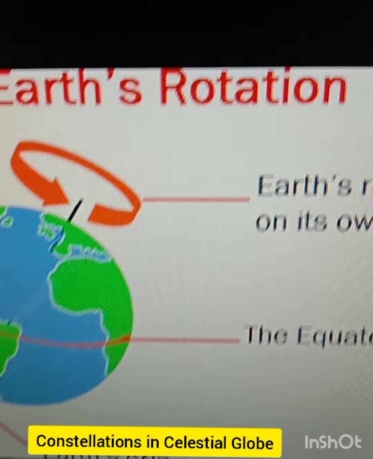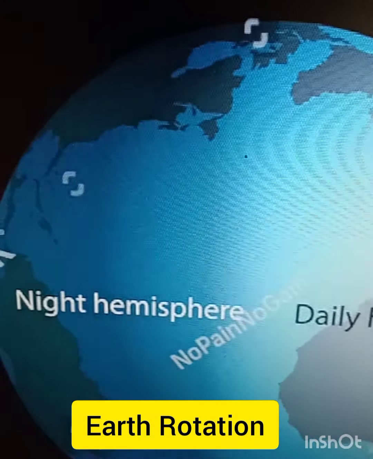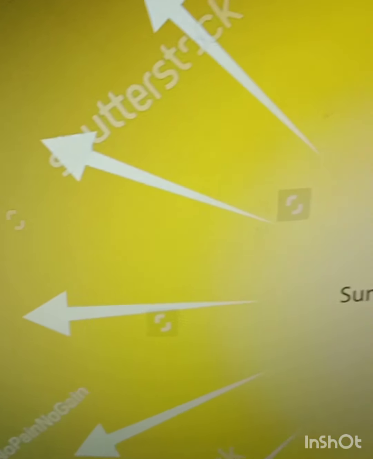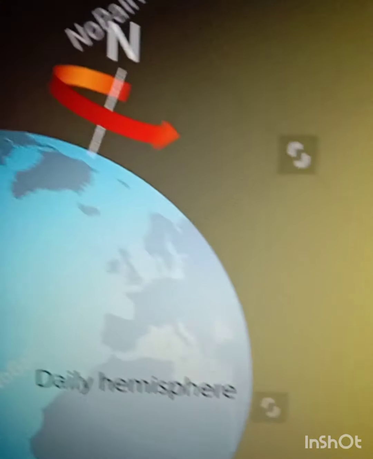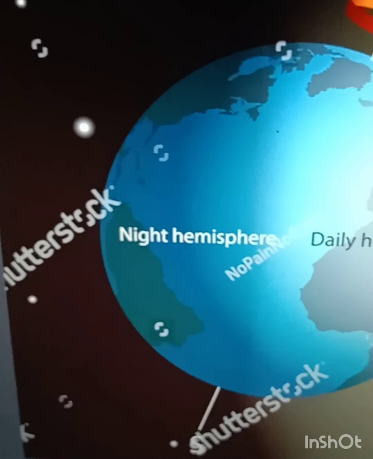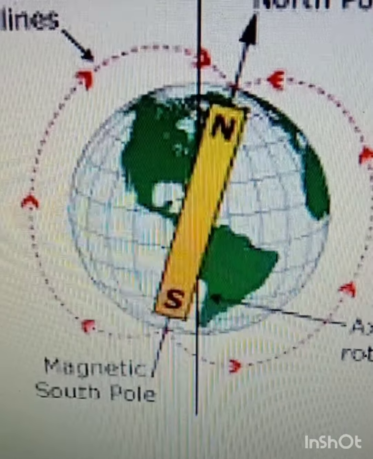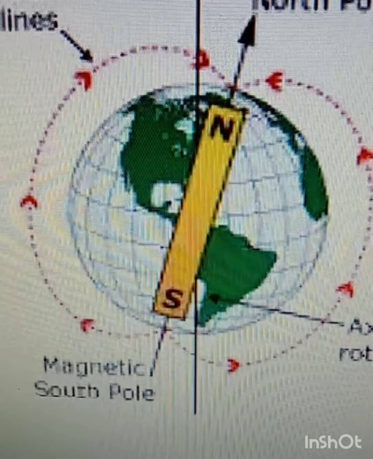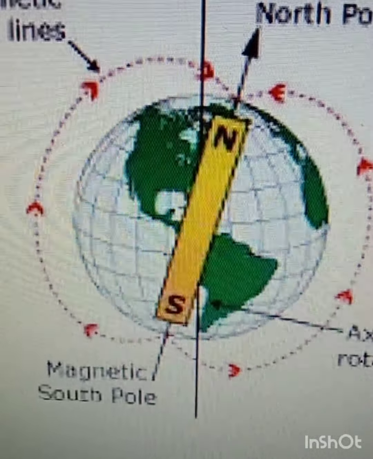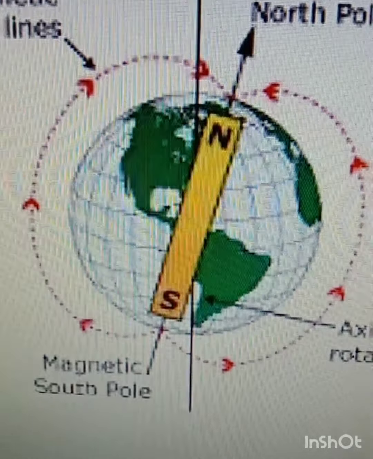The Earth rotates daily about its axis. The North and South poles are the two imaginary points where the axis would enter and exit from the Earth if the axis were a pole or a line.